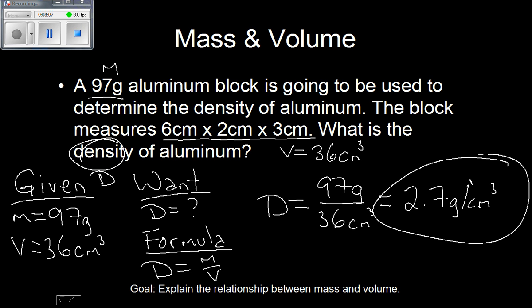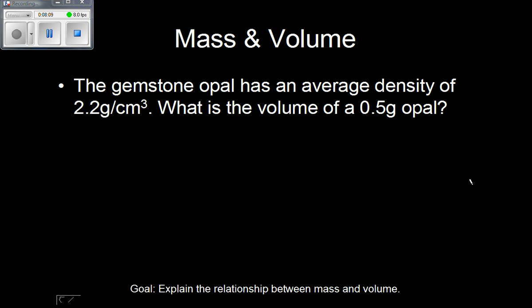Let's try a different problem now. The gemstone opal has an average density of 2.2 grams per cubic centimeter. What is the volume of a 0.5 gram opal? Again, in step 1, you're identifying what information you've been given in the problem. So here we see two numbers.